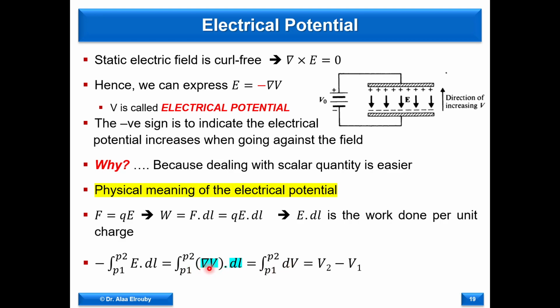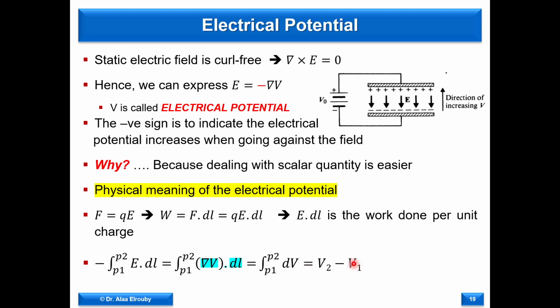So gradient of potential dot dl is the potential difference along the length dl. When we integrate this along any path between point 1 and point 2, this is the potential difference between the 2 points.